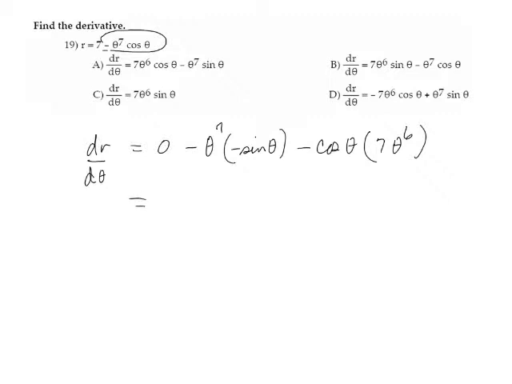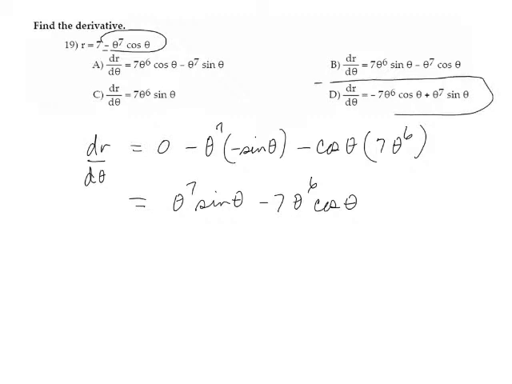So this is equal to theta to the 7th sine of theta minus 7 theta to the 6th cosine of theta. And that looks like answer D.